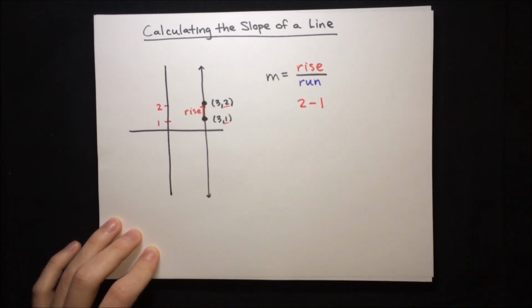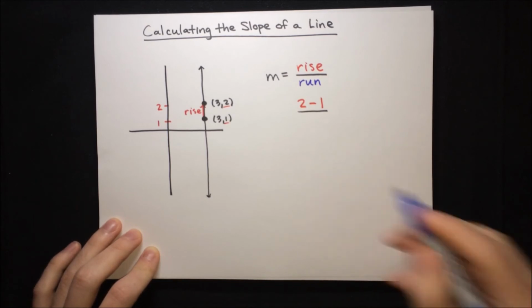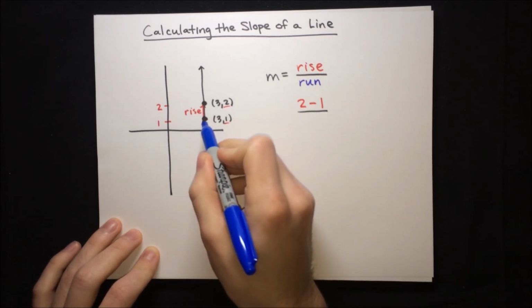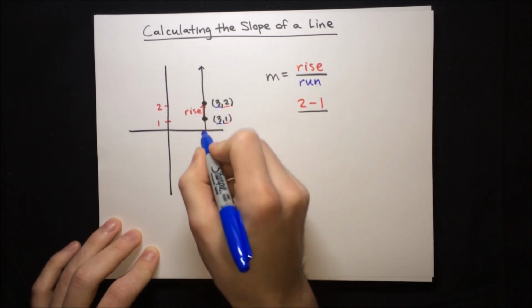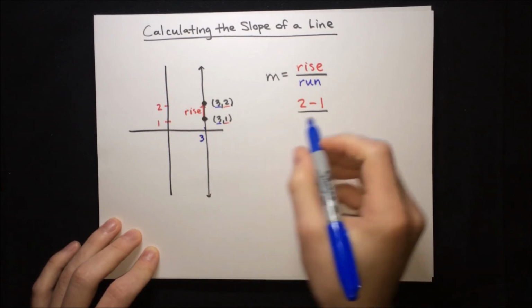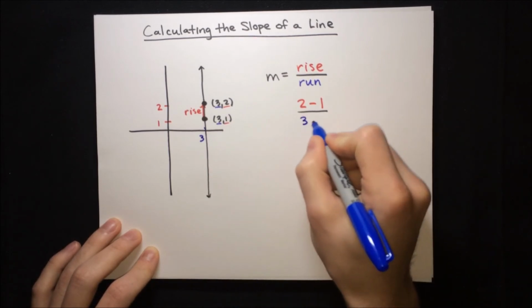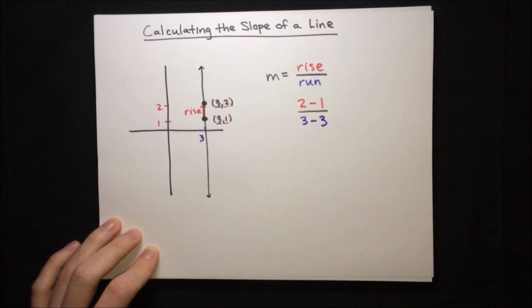And now the run, this part is the more unusual part, because the line doesn't actually run at all. The x-coordinates are 3 and 3, so it just goes from 3 to 3. So our run is just the difference, 3 minus 3.